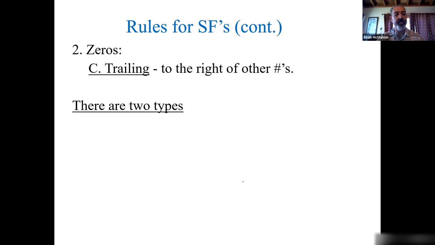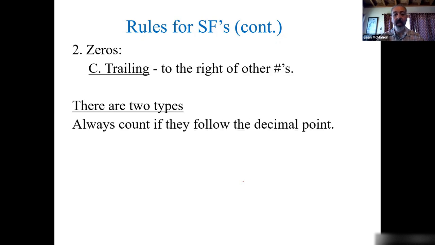And what do I mean by that? Well, if there's a decimal point, you're telling me right off the bat that there's significance. Okay. So that's important. One example, I think, we did the 4.30 centimeters I wrote earlier.